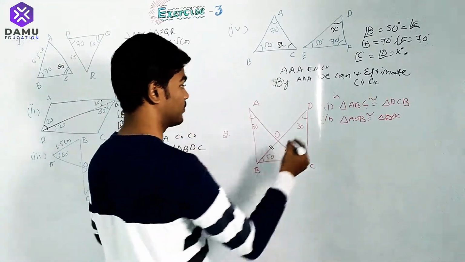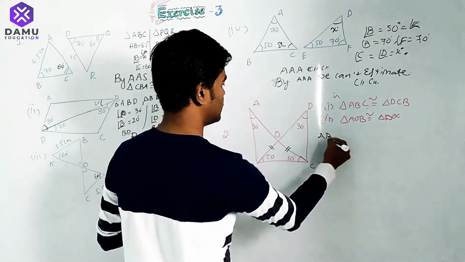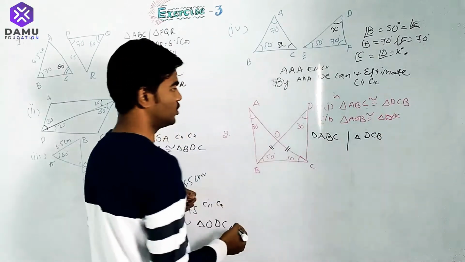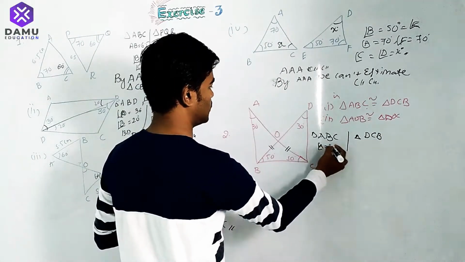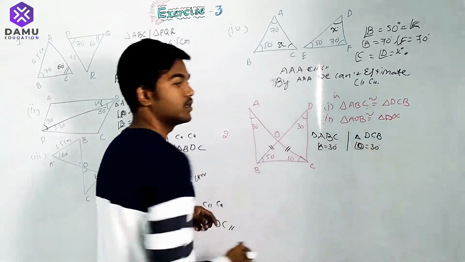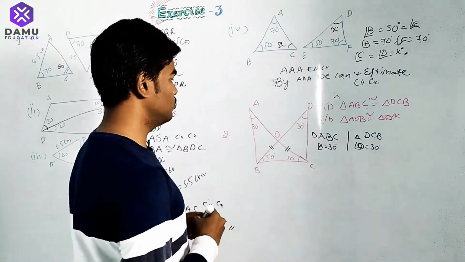So first one, let's take triangle ABC and triangle DCB. Here angle A will be equal to 30 degrees, angle D will be equal to 30 degrees. So angle A and angle D are 30 degrees.